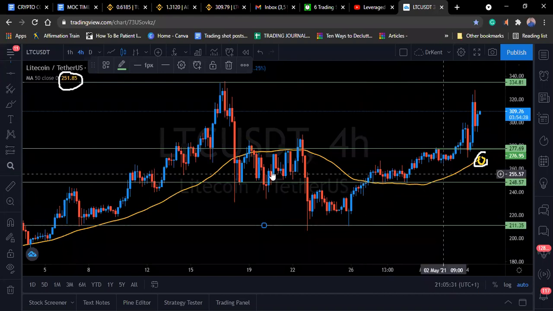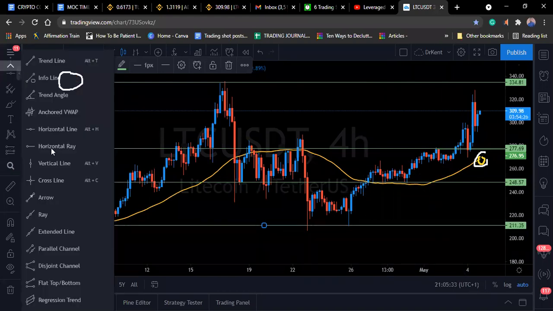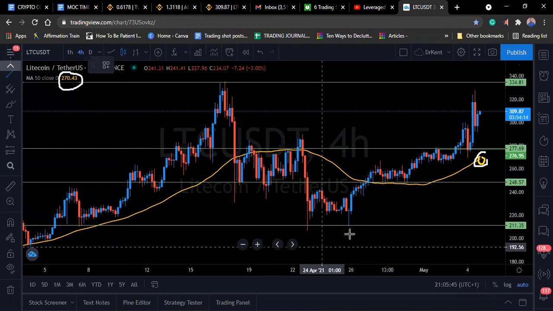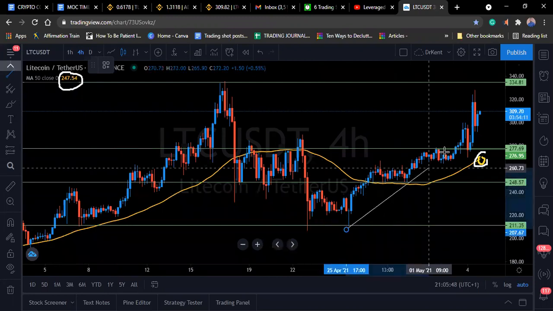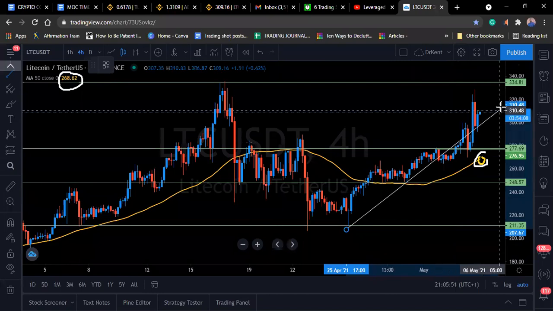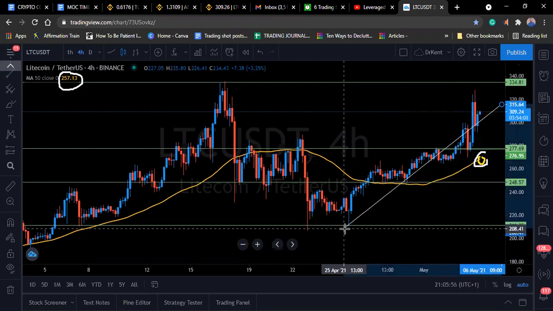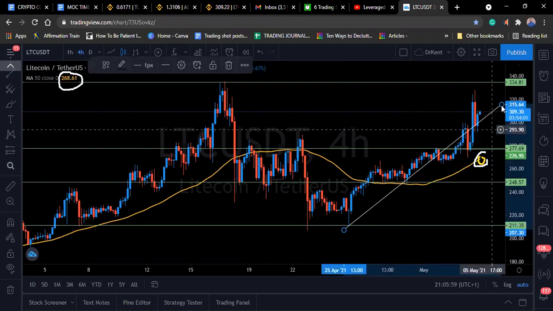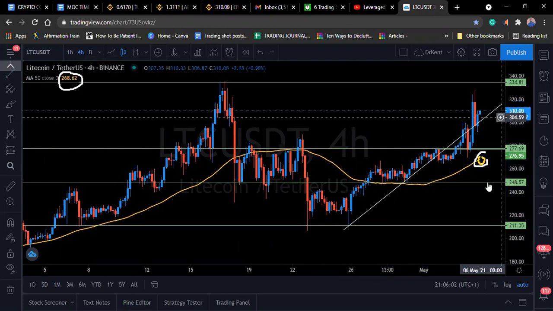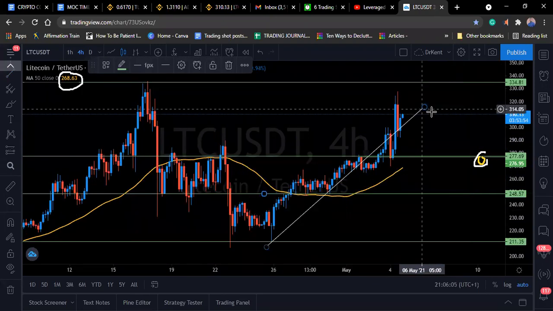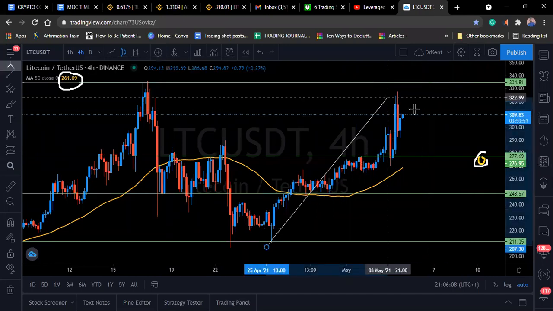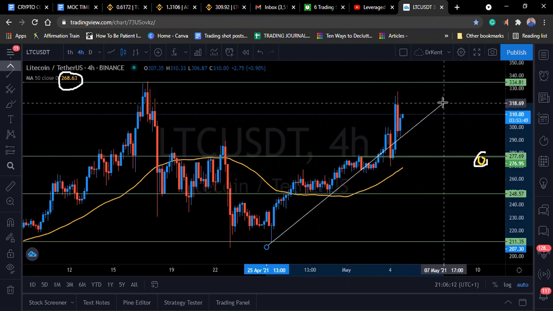Now, these are static. Then we did the trend line. A trend line will pick this point, then project into the future. You pick the tip of this point, the next point, you can even pick here, then project into the future.